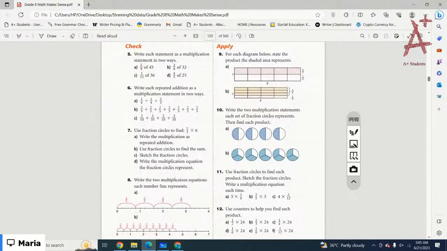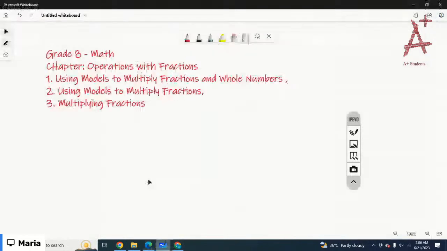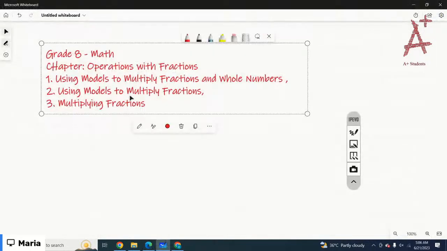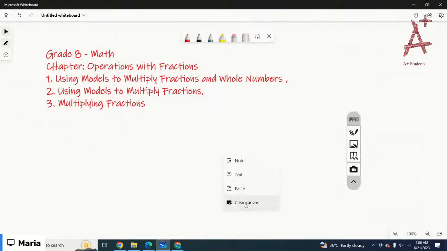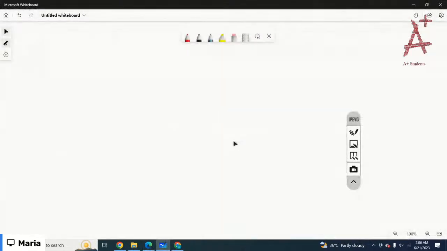So you are given statements, and you have to write them down in two ways. Okay, so that is 5 by 9 of 45.